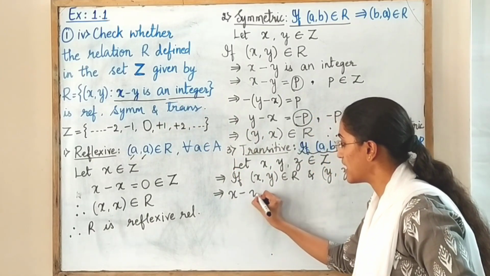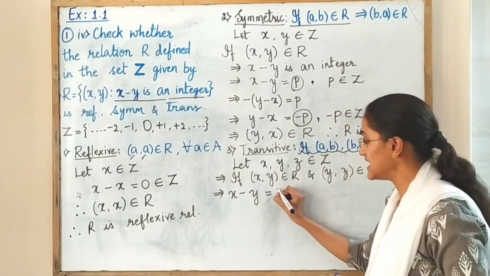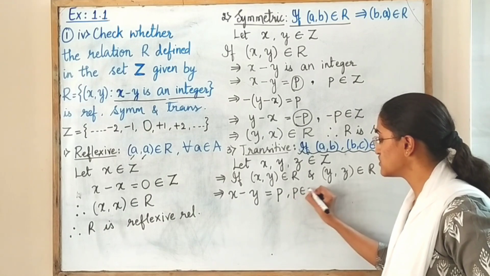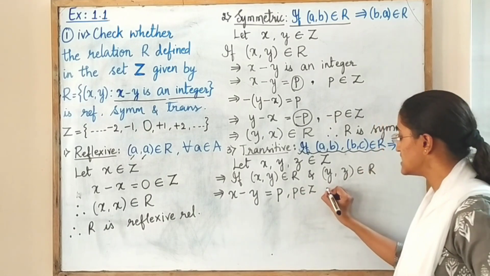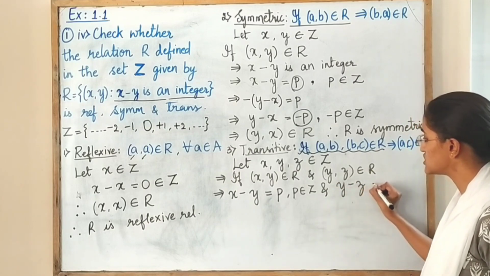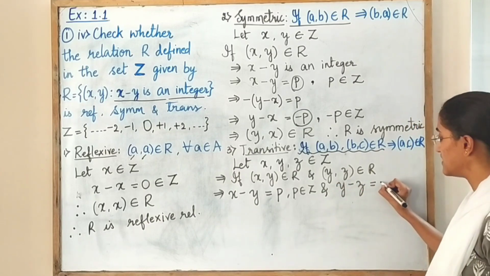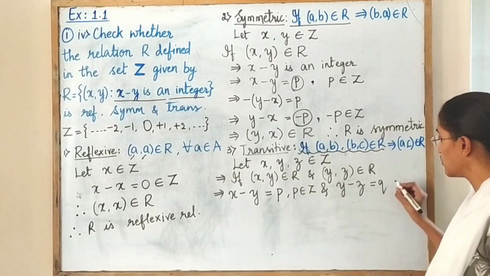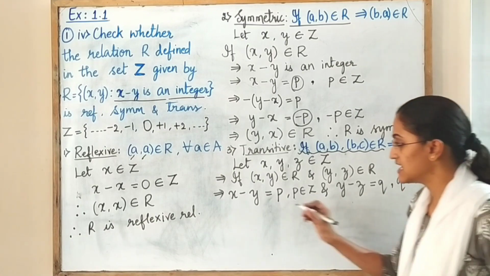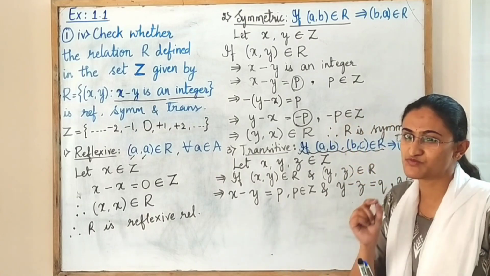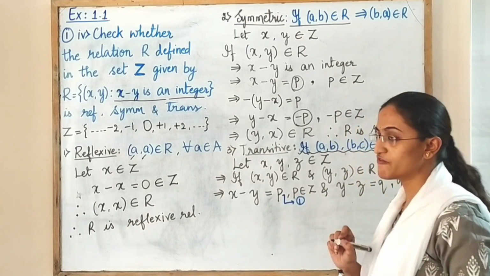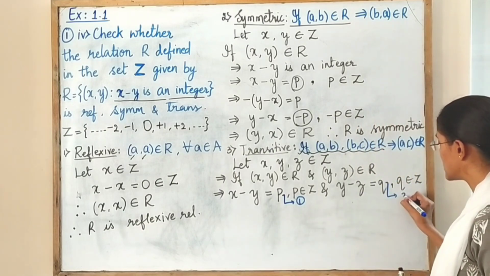X minus Y gives me an integer. Let me call that integer P, where P belongs to the set Z, and (Y, Z) implies that Y minus Z should also give me another integer. Let us call it Q, where Q is also an element of the set Z. Now, we shall have a small simplification. I shall take this as equation number 1 and this as equation number 2.